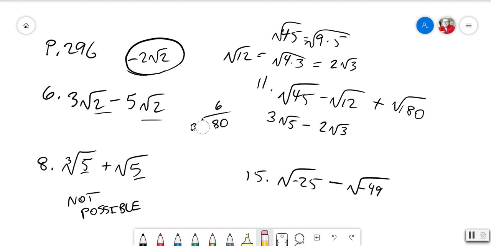We want to find our perfect squares. 9's a perfect square. 9 will go into 180. 2 times 9 is 18.